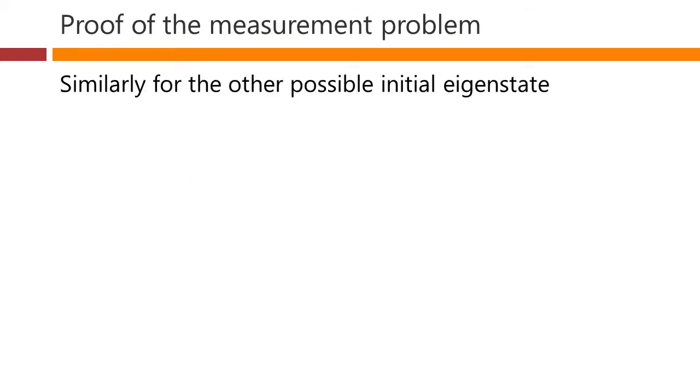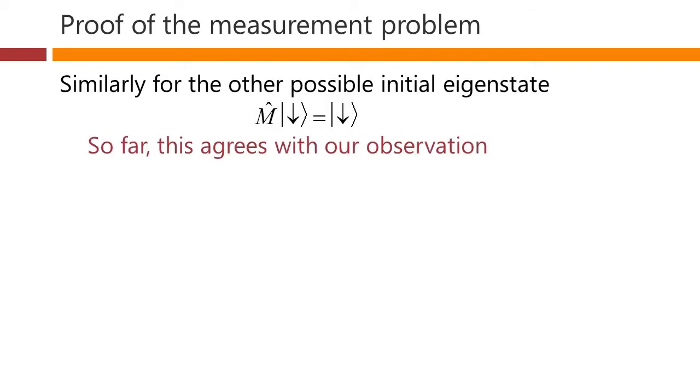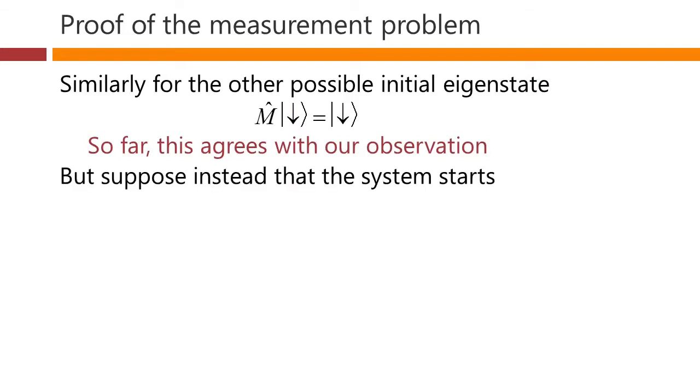Similarly, for the other possible initial eigenstate, the measurement apparatus acting on spin down in this case should give us spin down. So far, this agrees with our observation. But suppose instead that the system starts in a linear superposition state.